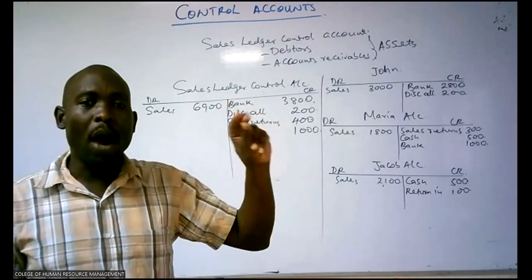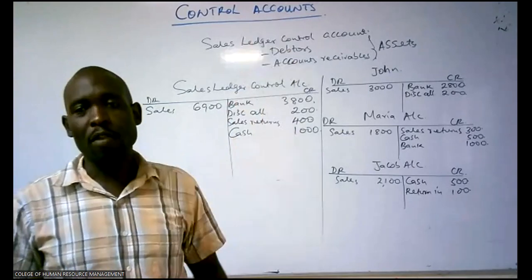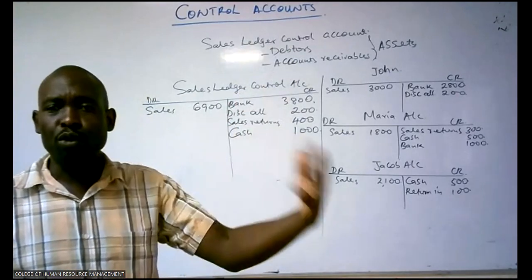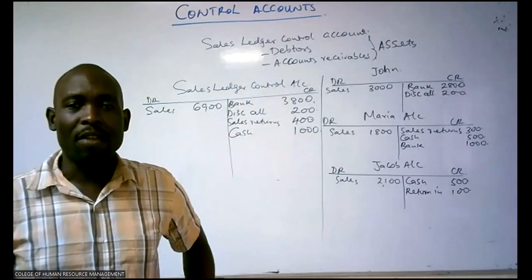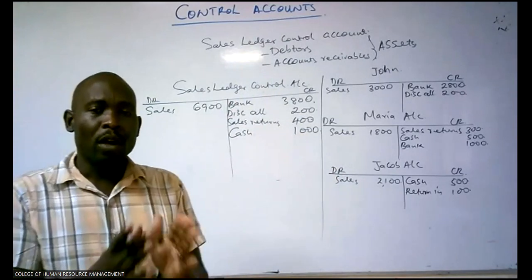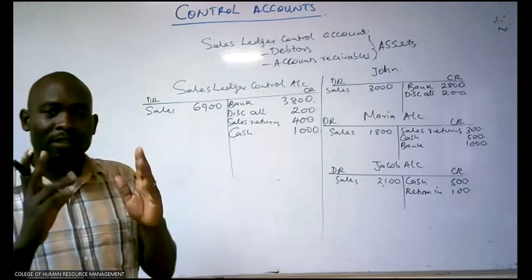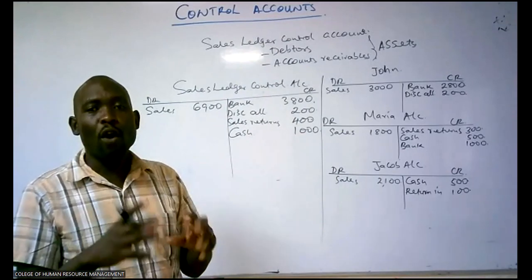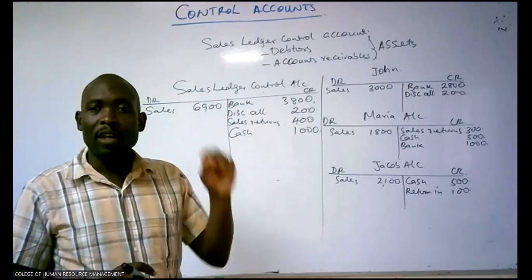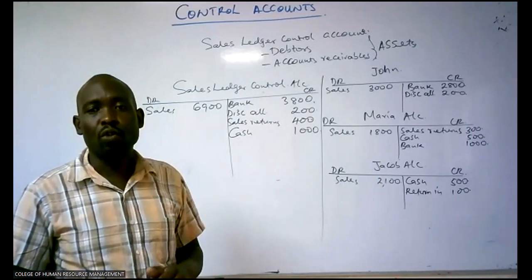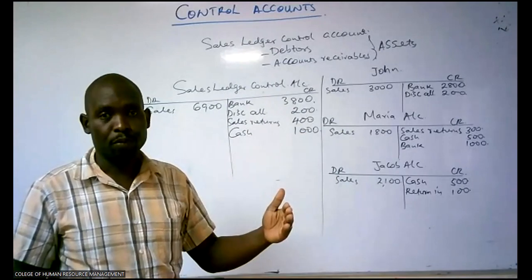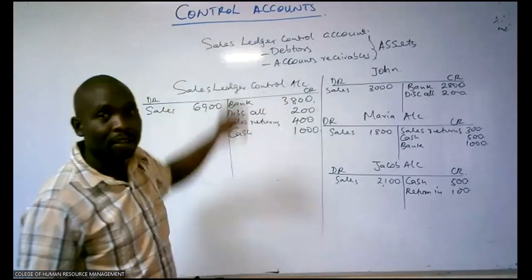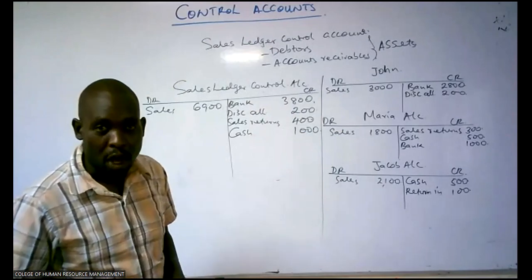It is going to be one figure for all the debtors, the balance for all the debtors, which we use in preparing the final accounts. So the control account is one account that gives a summary of all the individual ledger accounts that particular control account controls. So one of them that you will be told to prepare is the sales ledger control account.